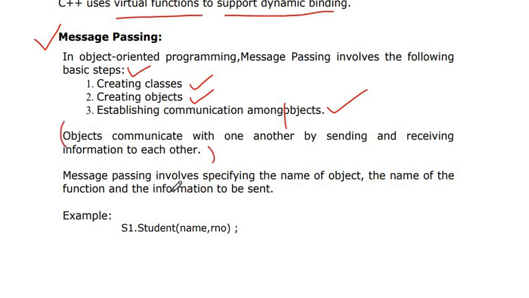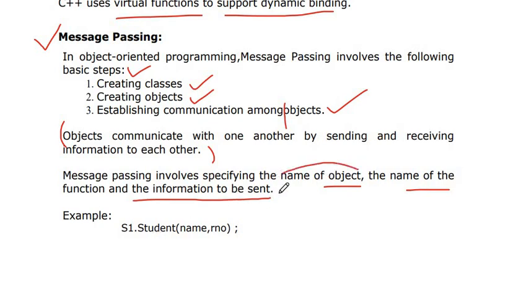Message passing involves specifying the name of the object, name of the function, and information to be sent. In order to perform the message passing, we have to follow these steps.